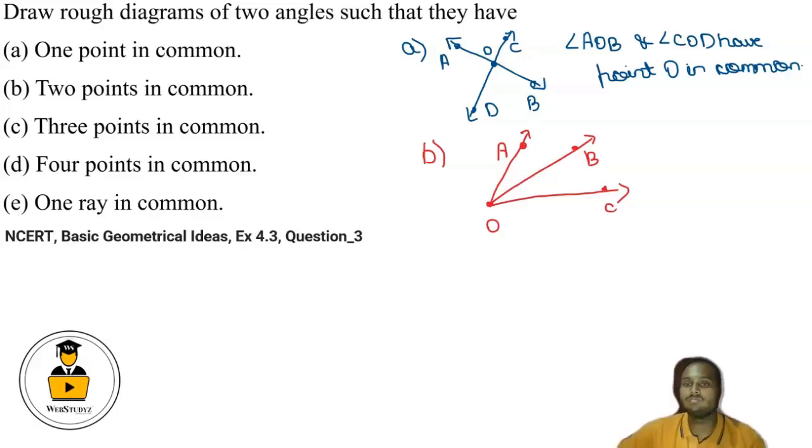So here two angles. Let us name AOB and angle BOC have point O and B in common.